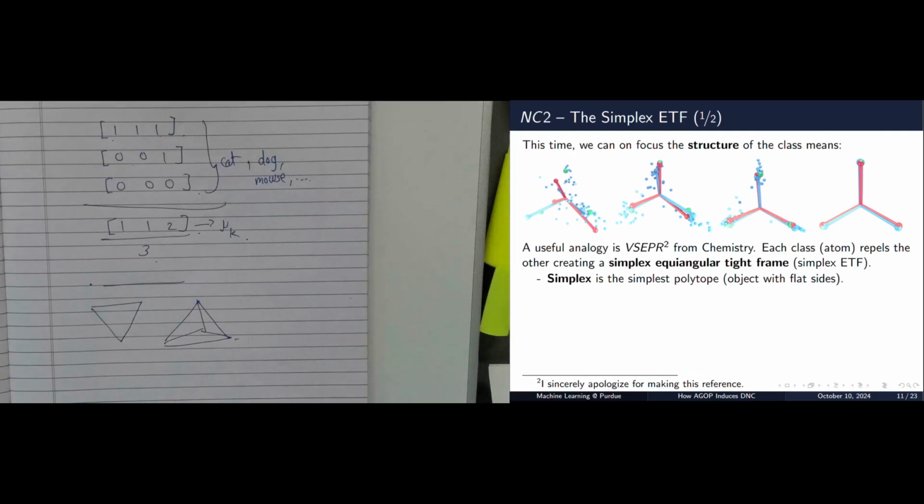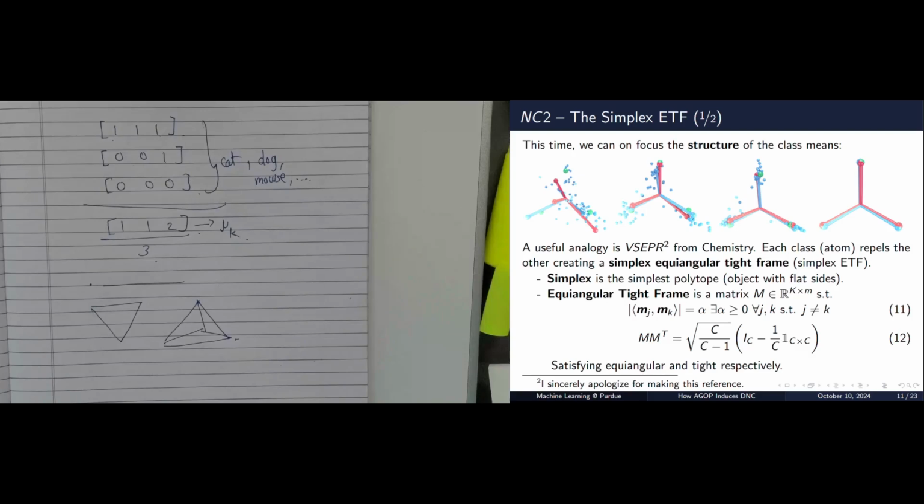It maximizes the distance because these are individually normalized, so their norm is 1. So it's basically just maximizing the angle as much as possible.